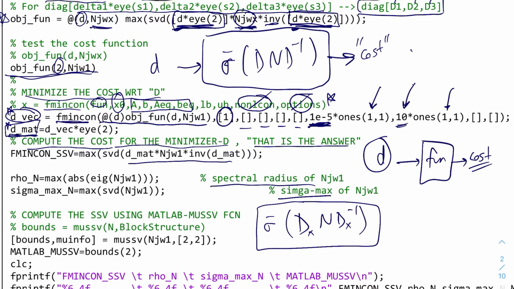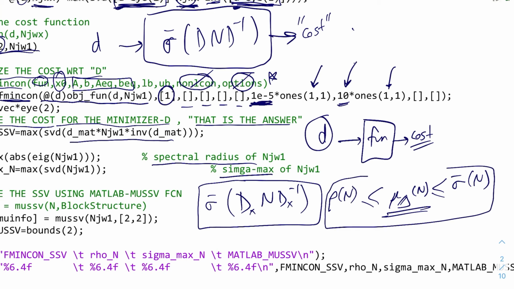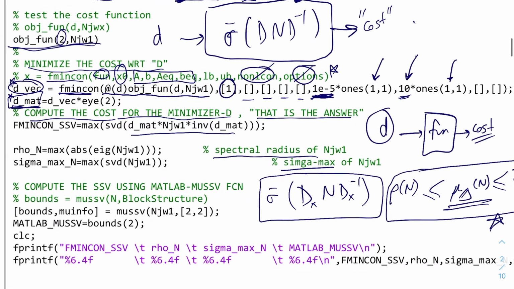Okay. Why? Because SSV is sandwiched between this and this. It's like an identity, right?